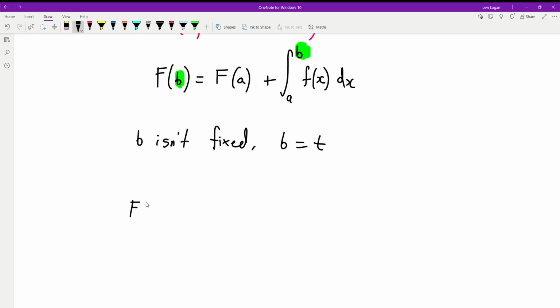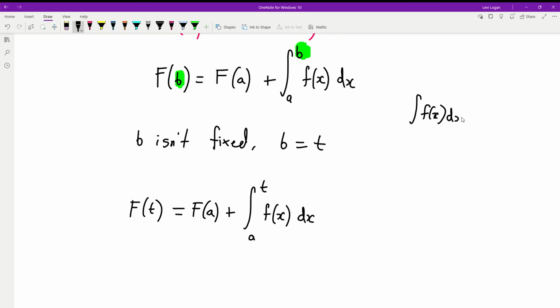Capital F of t is equal to capital F of a plus the integral from a to t of f of x dx, okay? Now, because we know the integral of f of x dx is equal to capital F of x plus c, that means f of x must be capital F dash of x, the derivative of capital F of x, this one here, okay?